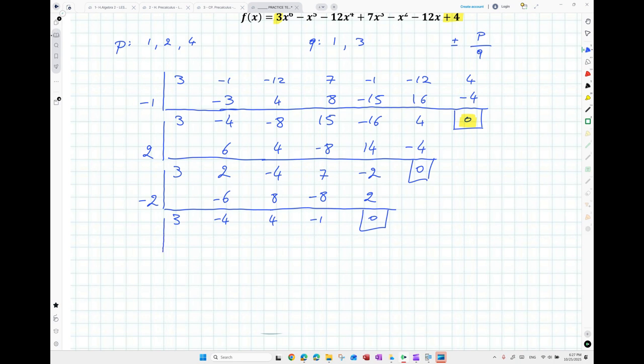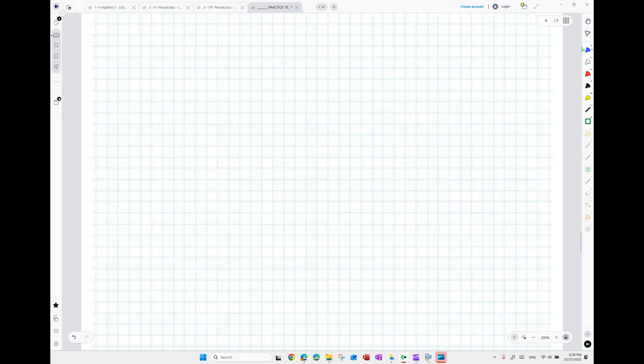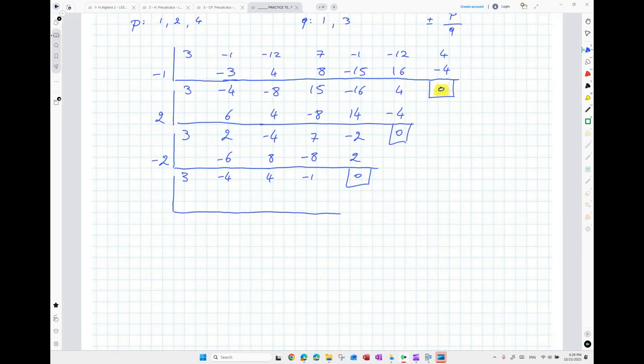And finally, the next one will be 1/3. So I have 3 divided by 3 is 1, minus 4 is negative 3, divided by 3 is negative 1, plus 4 is 3, divided by 3 is positive 1, and I have 0 indeed.